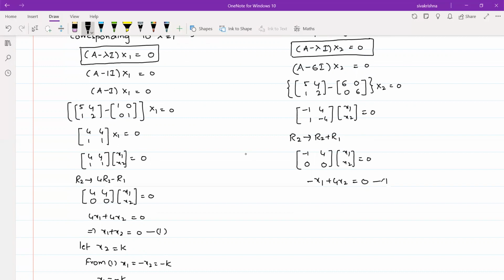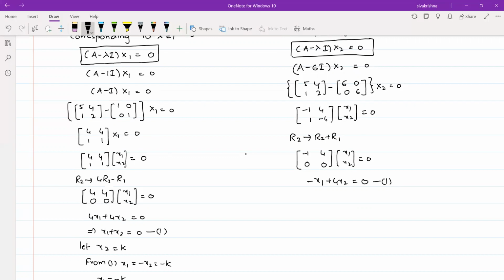Once again, here also we get only one equation, but we have two variables. Whenever the number of equations is less than the number of variables, we have to suppose some variables. How many variables? We have to suppose n minus r variables. Here n is 2 and r, the rank, is 1, so 2 minus 1 is 1.